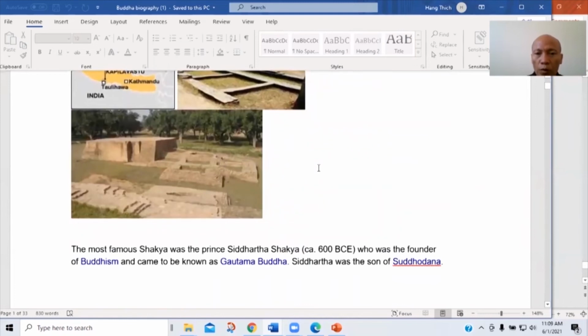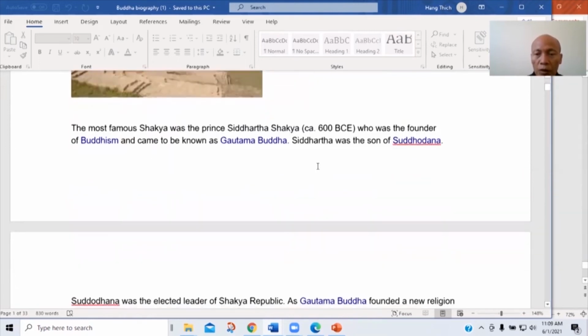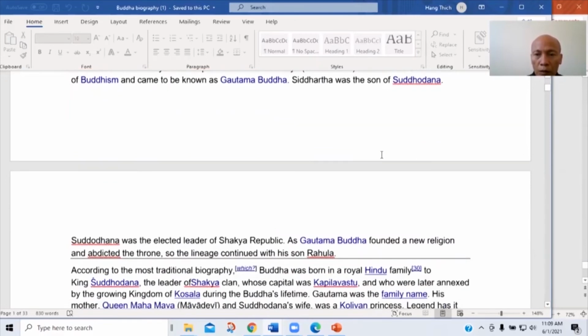The Buddha was born in the Shakyan clans, and his prince name was Siddhartha. Of course he was the founder of Buddhism, later known as Gautama Buddha. He was the son of Suddhodana, who was elected as the leader of the Shakyan Republic.